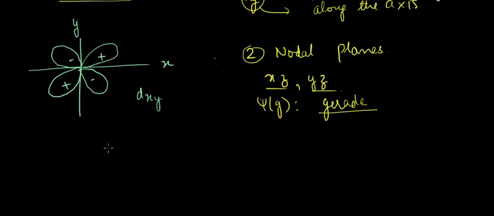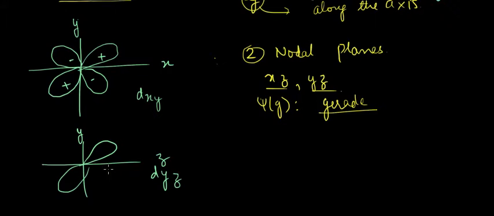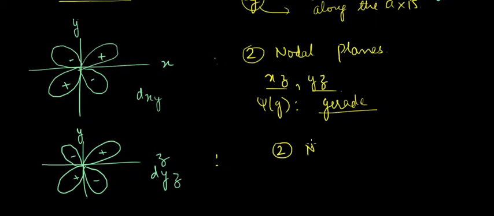Next, let us draw the shape of dyz. So this is y and this is z. Again, just draw it similar to dxy. It would be the same, but we are just renaming the axis: instead of xy we are naming them as yz. That's the only difference. Minus and minus here. So again there would be two nodal planes.